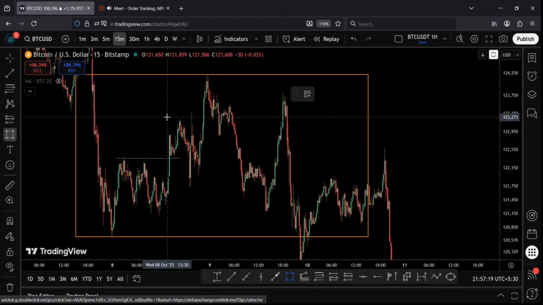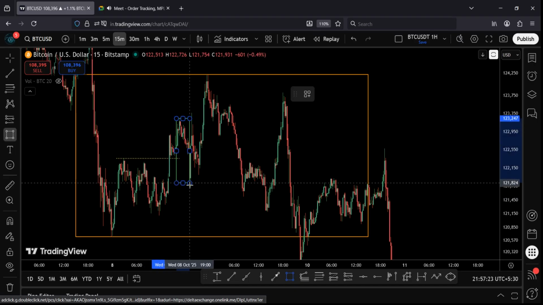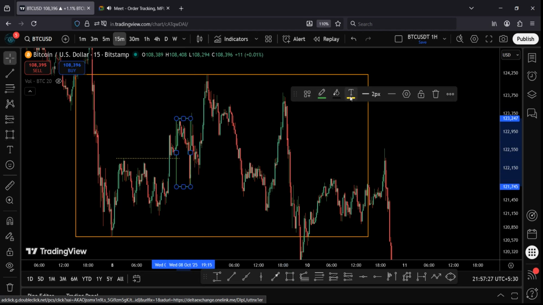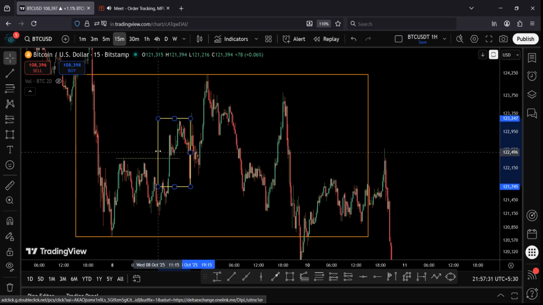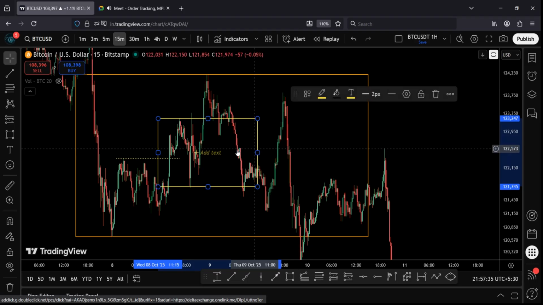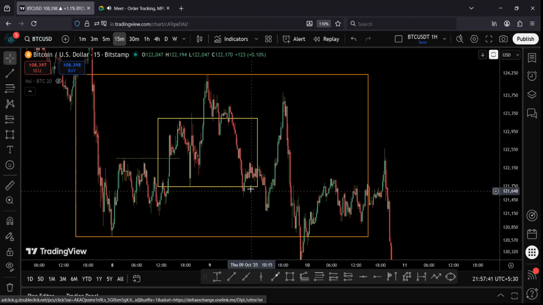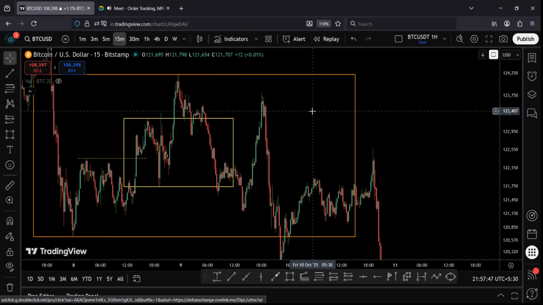Here what happened, price goes up till here, came back here, let's make it yellow in color, okay, fine. This one like this, we forward this, came back, goes up. If we forward this block, what happened here, price came back here till here, goes up again, fine.